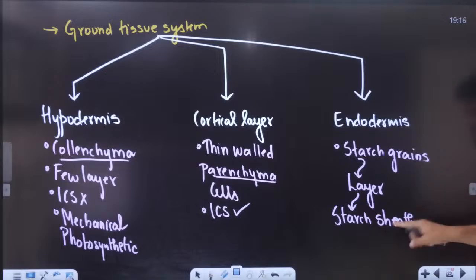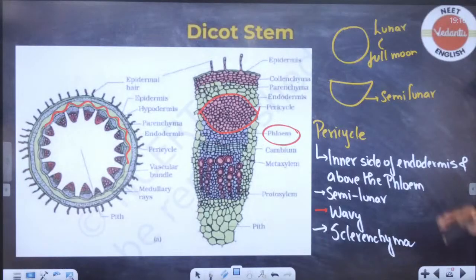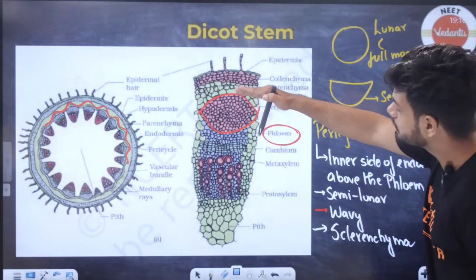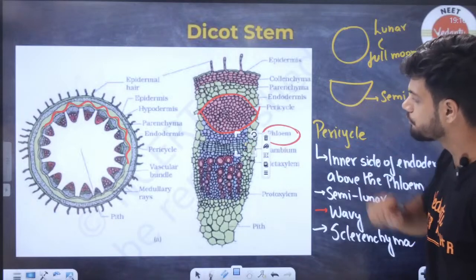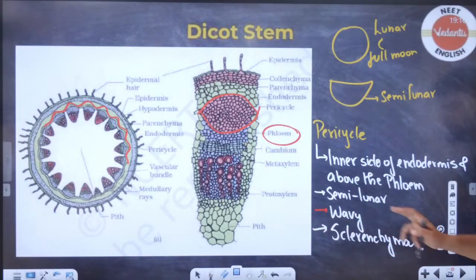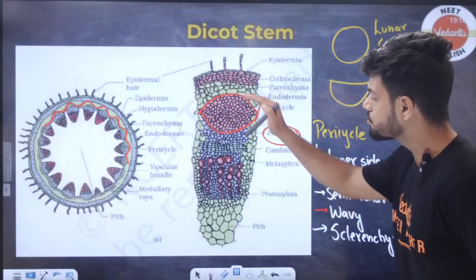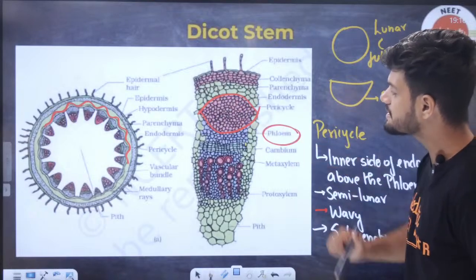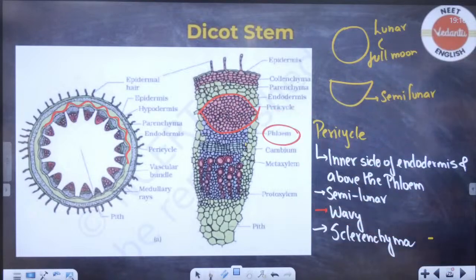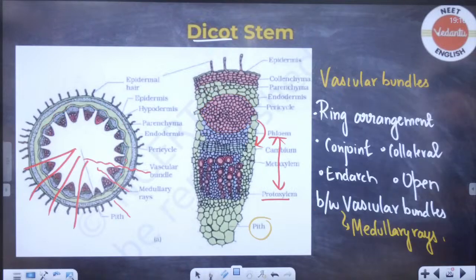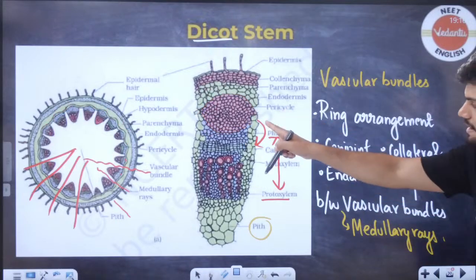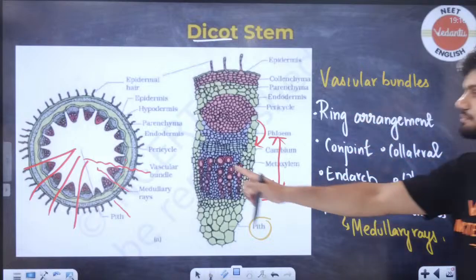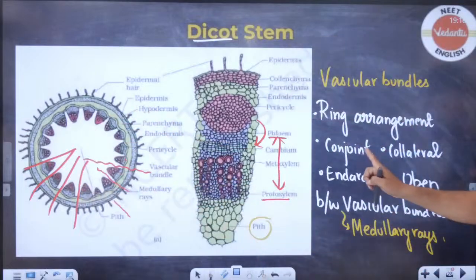Endodermis has starch grains in the form of a starch sheath. Pericycle is present inner to the endodermis, above the phloem. It is semi-lunar in shape and also wavy in nature. It is made up of sclerenchyma, remember it, sclerenchyma. Then we see the vascular bundles: ring arrangement, conjoint, collateral, endarch and open.